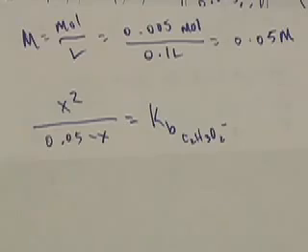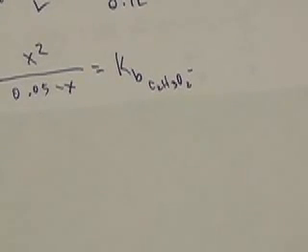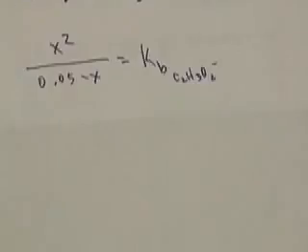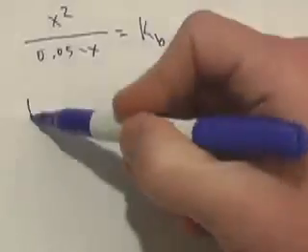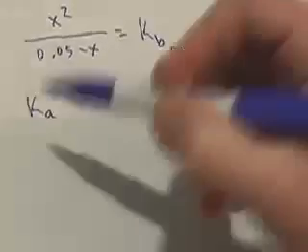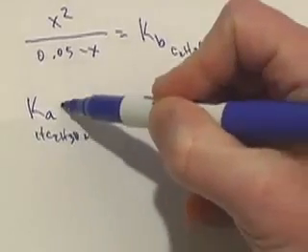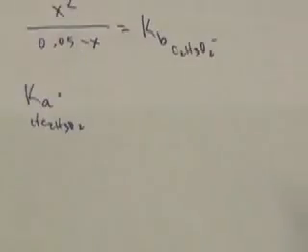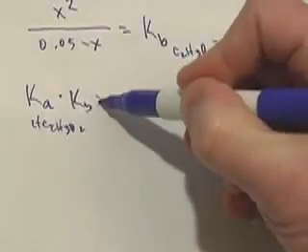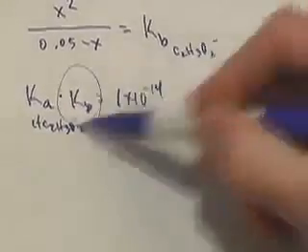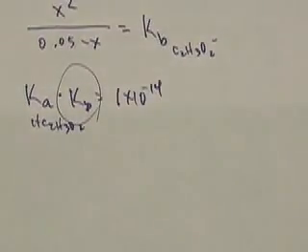So I can write X squared divided by 0.05 minus X is equal to the Kb of the C2H3O2- ion. Now I can take a look in the back of the book, but I'm not going to find C2H3O2- in a table of Kb's. But what I will find is the Ka of acetic acid, HC2H3O2. And if I keep in mind that Ka times Kb is equal to 1 times 10 to the negative 14th, I can solve for one if I know the other.